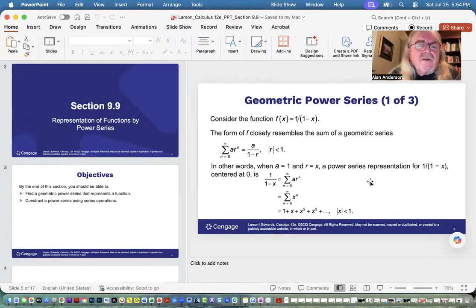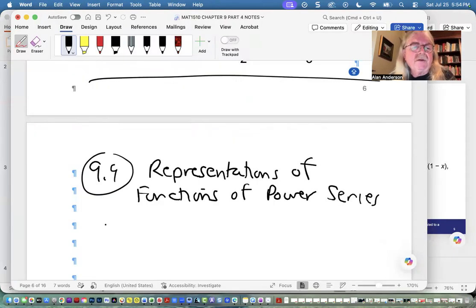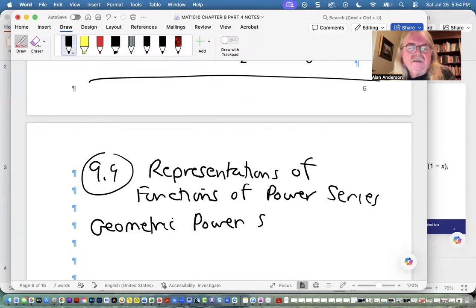So specifically here, they're going to focus on the so-called geometric power series. There's also an additive power series, or I'm sorry, arithmetic power series, but this is the one that we really see the most often.